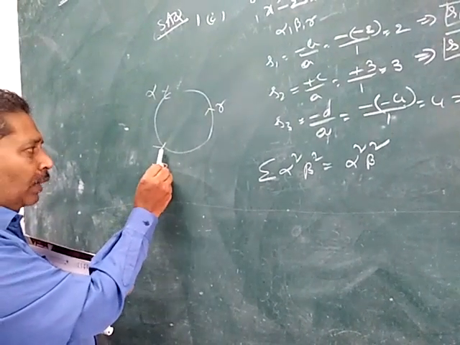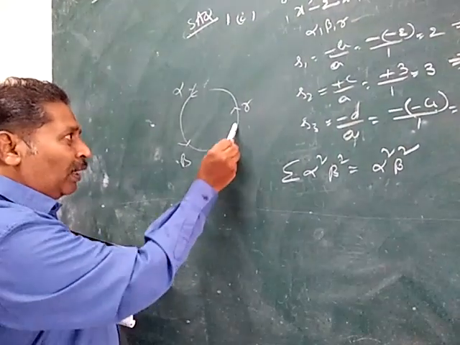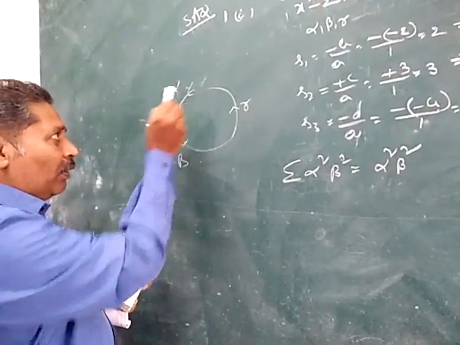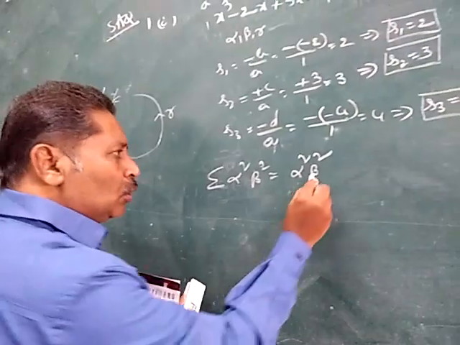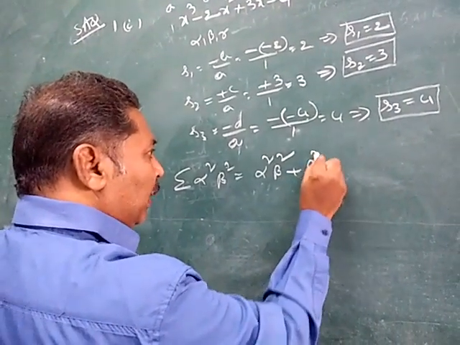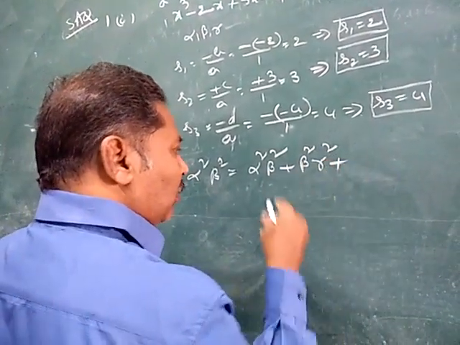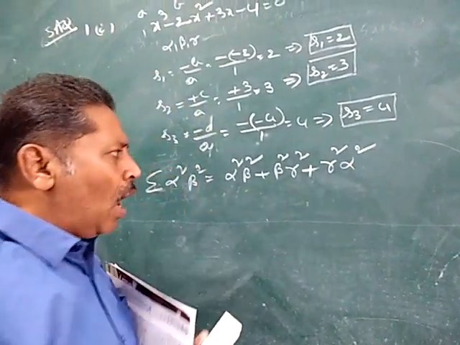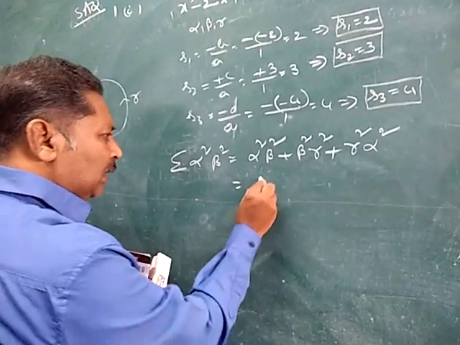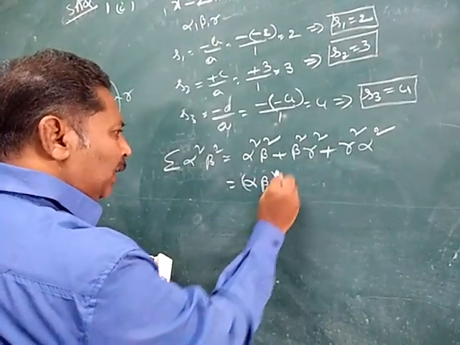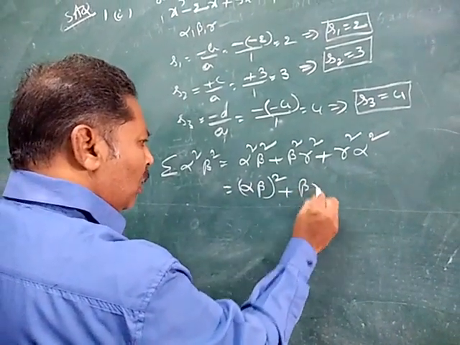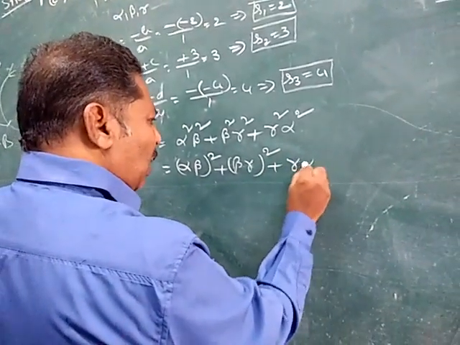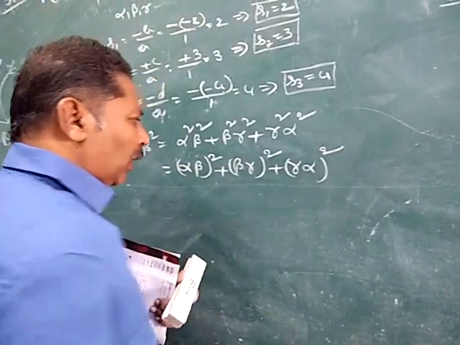Second term beta square gamma square. Third term gamma square alpha square. This is alpha beta whole square plus beta gamma whole square plus gamma alpha whole square.